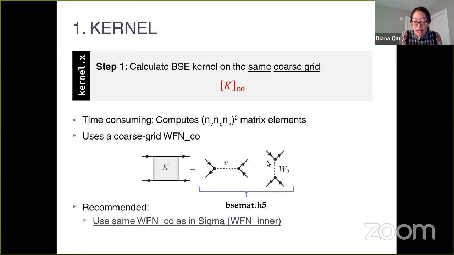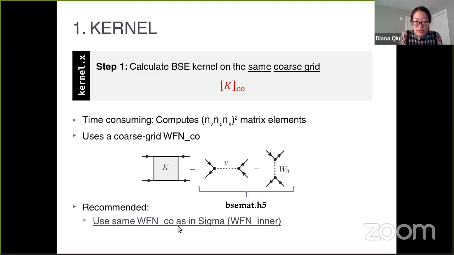To get to this screened direct term, you need the dielectric matrix you calculated in the epsilon step. For most bulk systems, it's recommended that you use the same wave function for the kernel step that you used for sigma and for epsilon, so the same k-grid, which allows you to reuse the dielectric matrix that you generated previously.